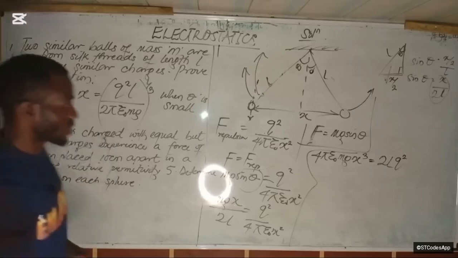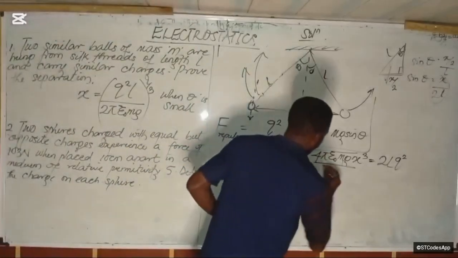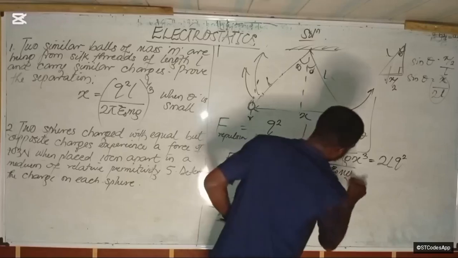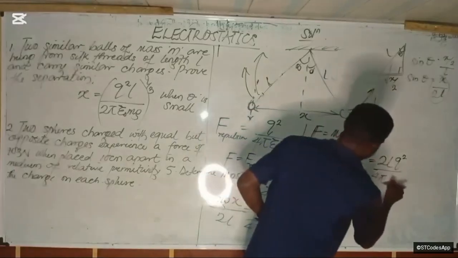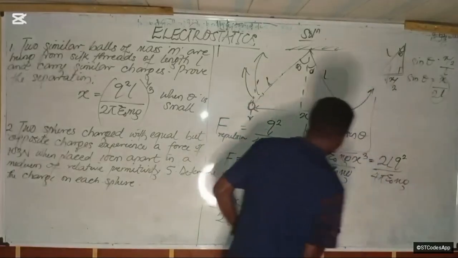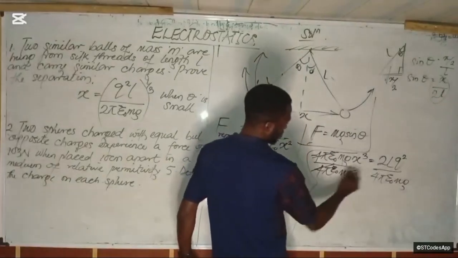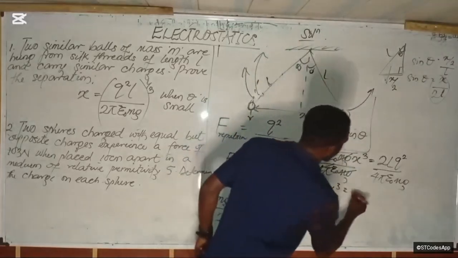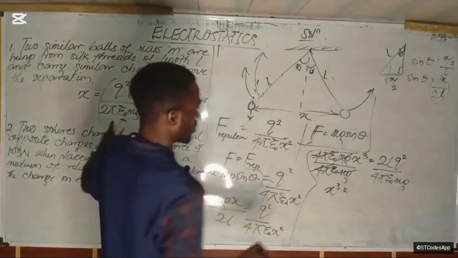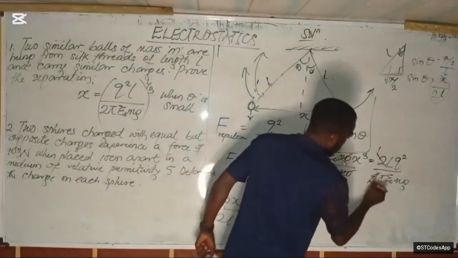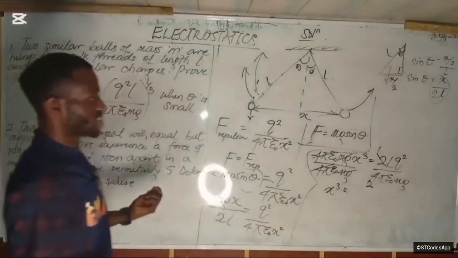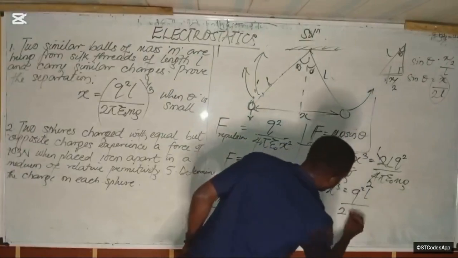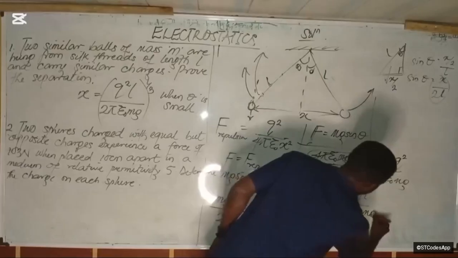So from here we'll divide both sides by 4 pi epsilon naught mg. So x cube will now be equal to, 2 takes care of 4, here 1, here 2. And that's the answer. So x cube will be equal to q squared L over 2 pi epsilon naught mg.